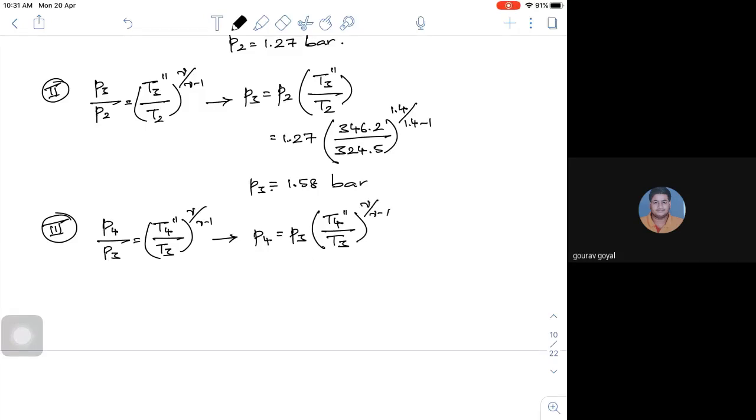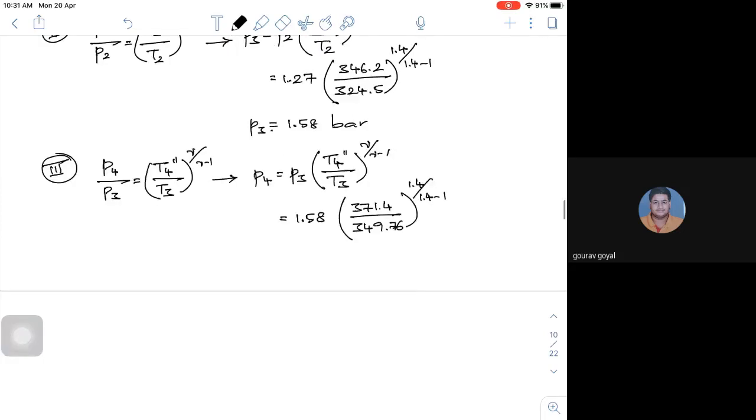Just now we got the value of P3, which was 1.58 bar, into, so T4 double dash just now we calculated, which was 371.4 Kelvin, divided by your T3, which we also calculated, 349.76, whole to the power of 1.4 divided by 1.4 minus 1.